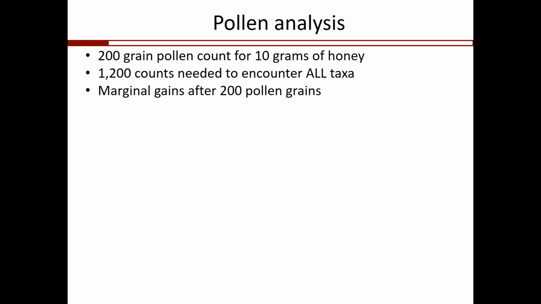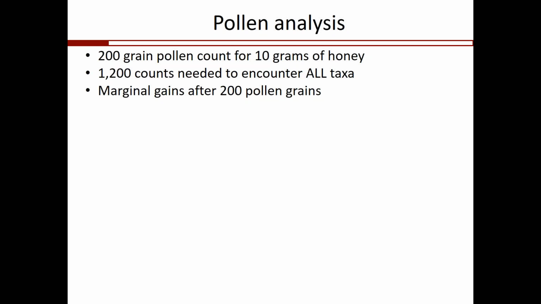So to analyze our samples, we did a 200 pollen grain count per 10 grams of honey, and this was established from one of Dr. Bryan's previous studies. That's because in order to capture all the taxa in honey, you'd actually have to do over 1,000 counts of pollen grains in order to capture everything.